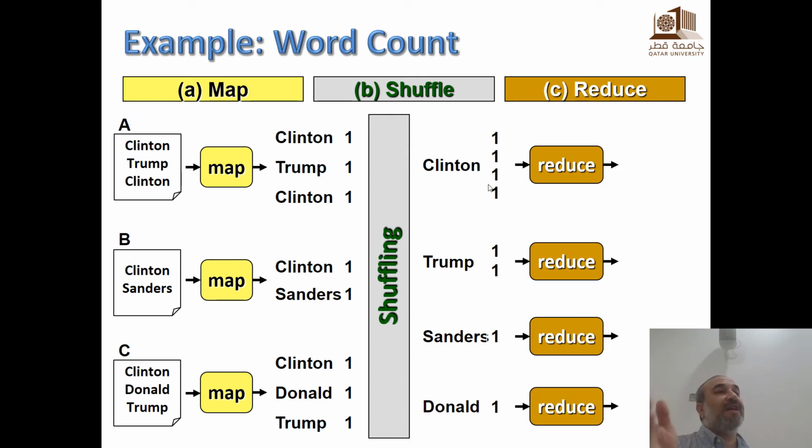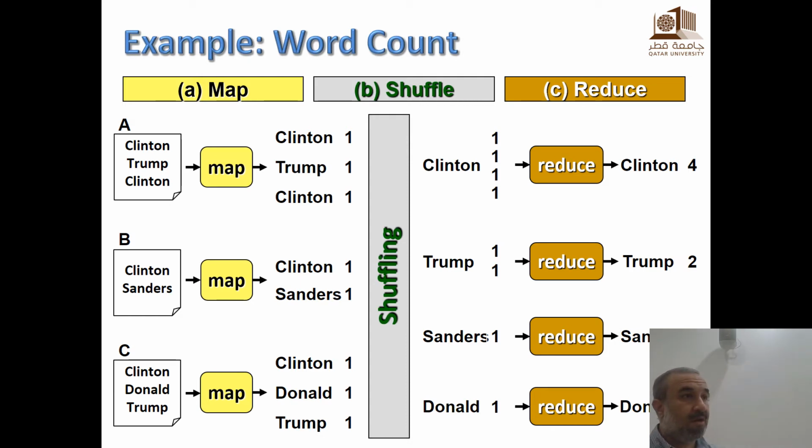How many records for each input will we produce? 1. We don't need more than 1 here. So it will be Clinton 4, Trump 2, Sanders 1, and Donald 1. Yes, each key will be an input to the reduce function, separate from the others. What's your question?